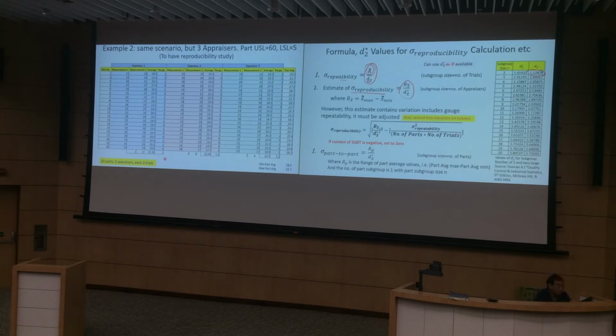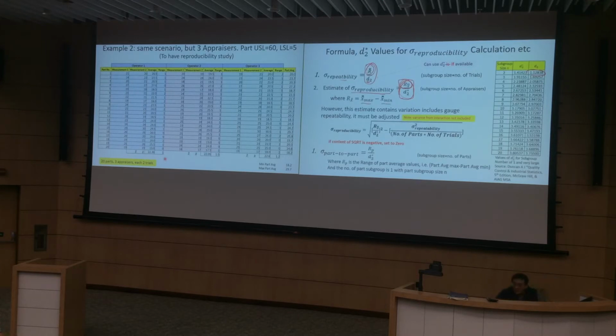Now the reproducibility. We can make use of this equation. Because you have only one sample, I tabulated it here. So where is this double range? This range is this guy here.